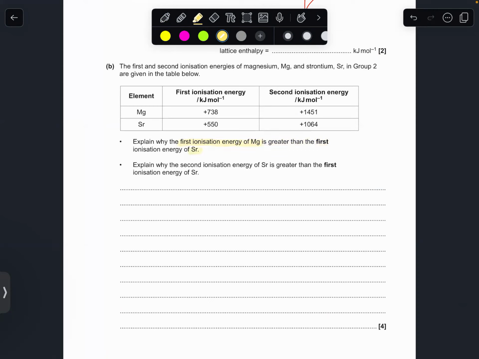And then explain why the second ionization energy of strontium is greater than the first. Why is there this difference here?